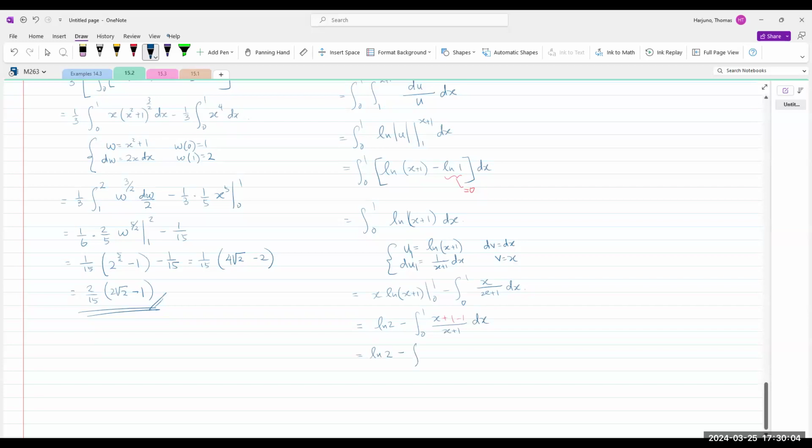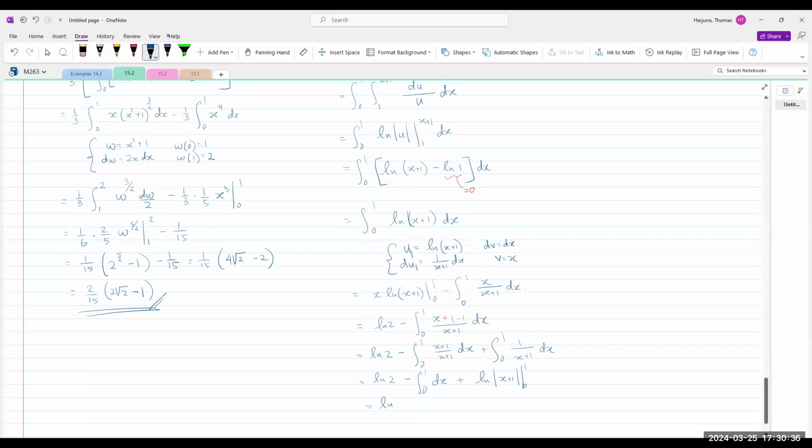So I have the integral from 0 to 1 of (x plus 1) over (x plus 1) dx, plus the integral from 0 to 1 of 1 over (x plus 1) dx. But the first one is just the integral from 0 to 1 of 1 dx, which will be 1, and this is the natural log of the absolute value of x plus 1 from 0 to 1.